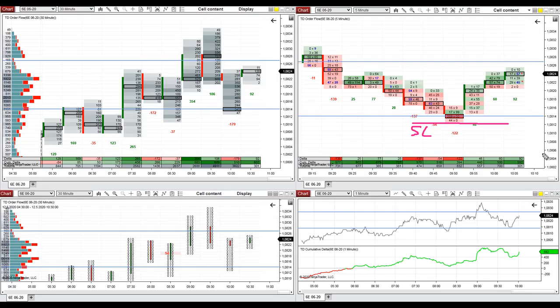Buying imbalances, also buyers in here, aggressive buyers. Delta is rising. You can see also that delta is positive in here.